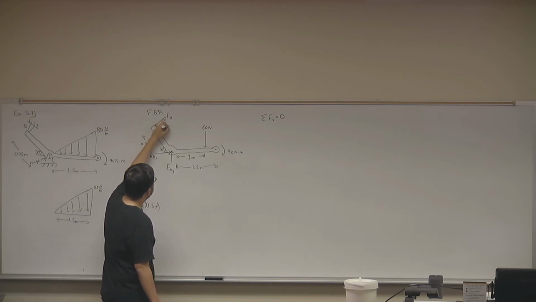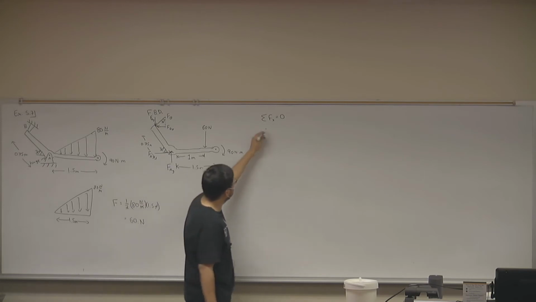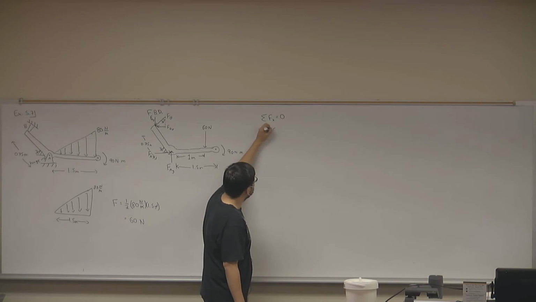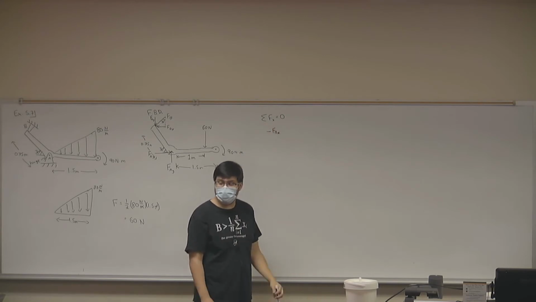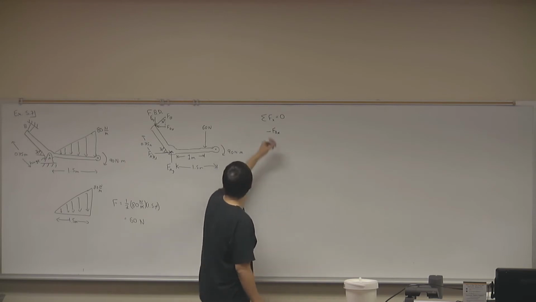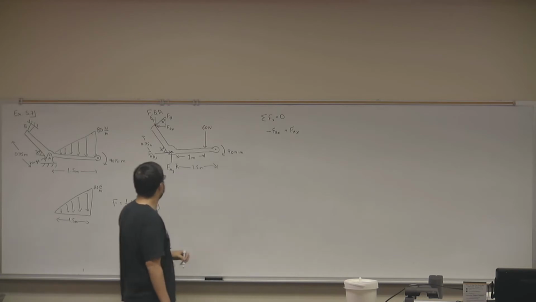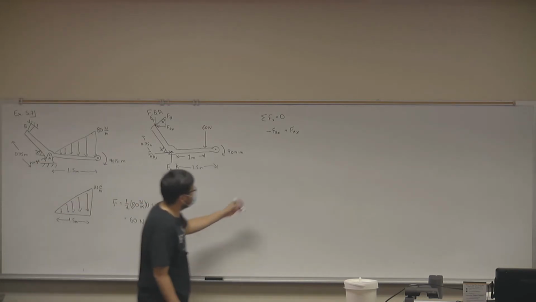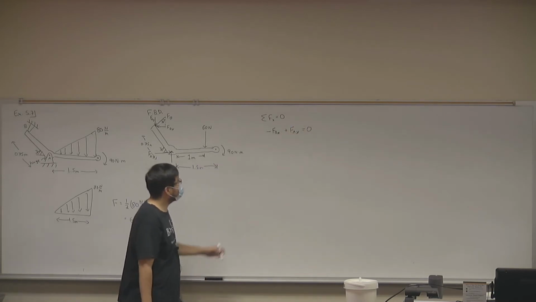So we have the x value of B and the y value of B. And in the x direction, we're going to have a negative F of Bx plus A of x. That should be it. Equals 0, yeah. So F of Bx equals F of Ax.